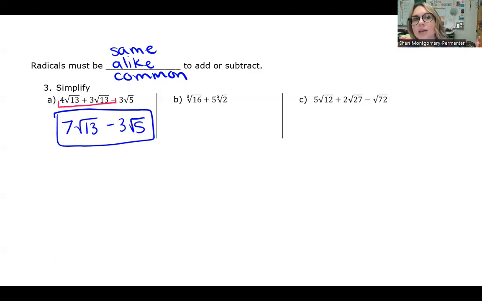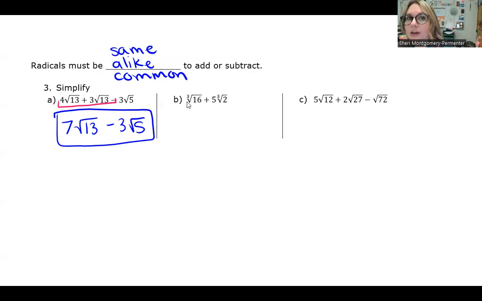For the second one, the cube root of 16 and the cube root of 2, are those the same? No, they are not the same. So we cannot put them together unless, and usually it's looking at the bigger one. So the cube root of 16, could we maybe rewrite that? Sure. So let's take a look.